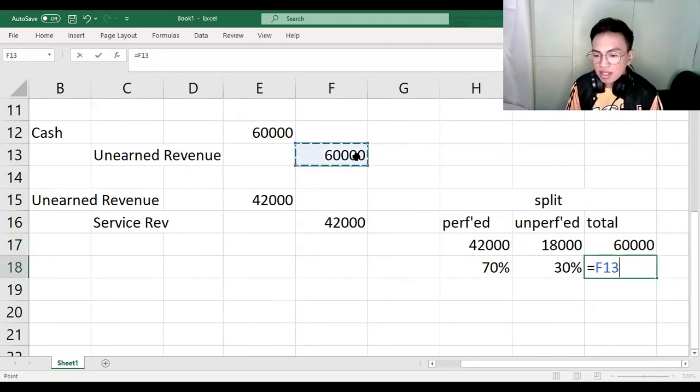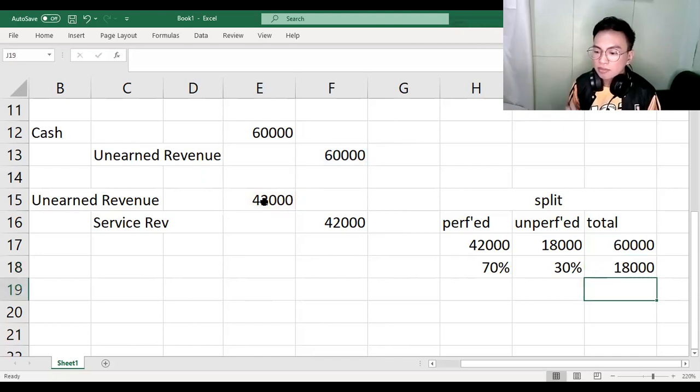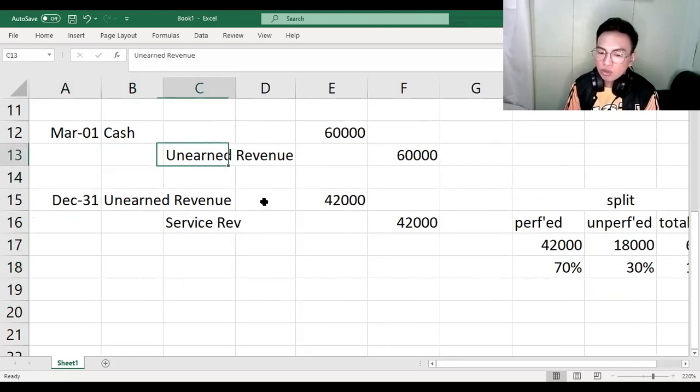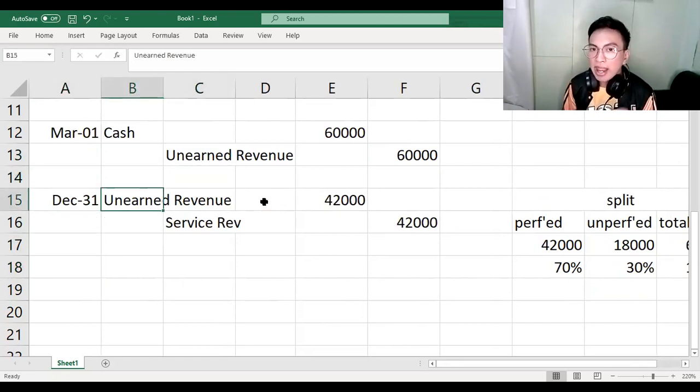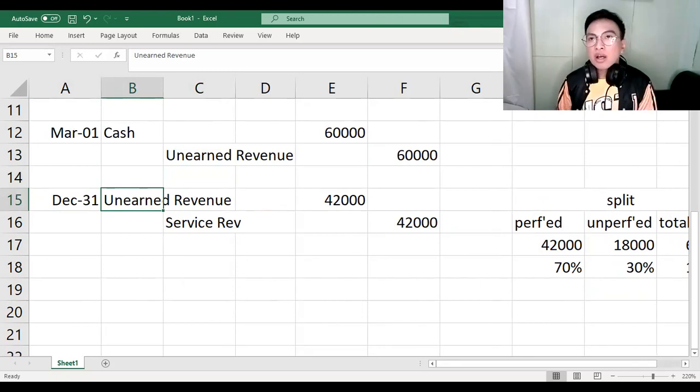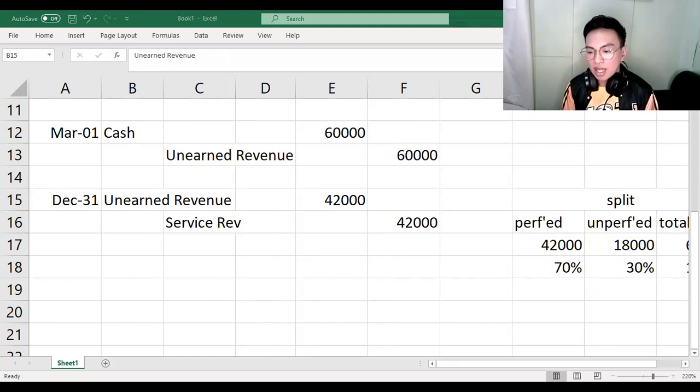Again, 60,000 minus the unearned revenue which is debited naman. Tama, magiging end balance natin for the unearned revenue on December 31 will be 18,000 pesos. And that is your deferrals, okay?